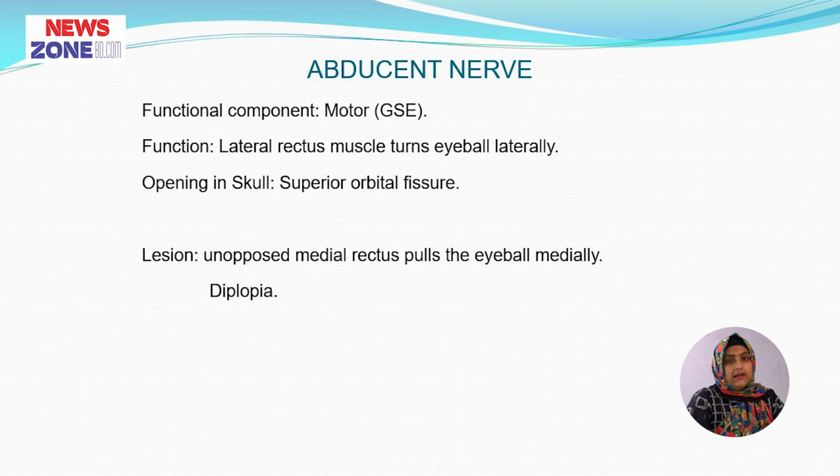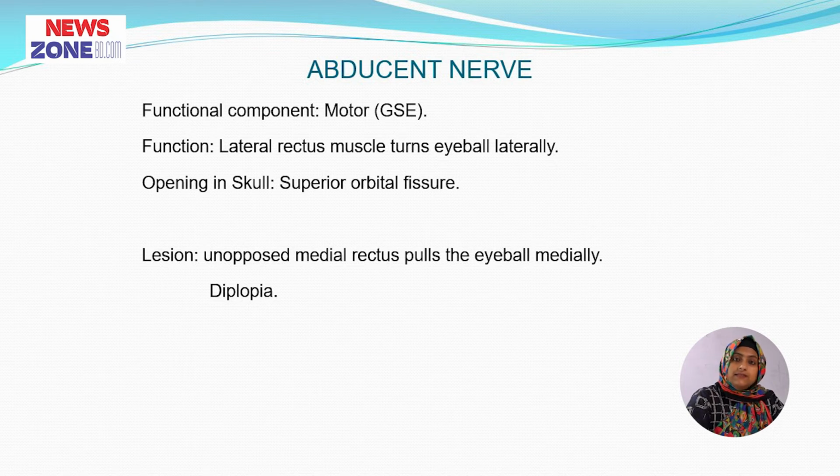The sixth cranial nerve is the abducent nerve. The functional component of the abducent nerve is general somatic efferent. All muscles of the eyeball, that means the extraocular muscles, are supplied by the oculomotor nerve, except two muscles, lateral rectus and superior oblique.